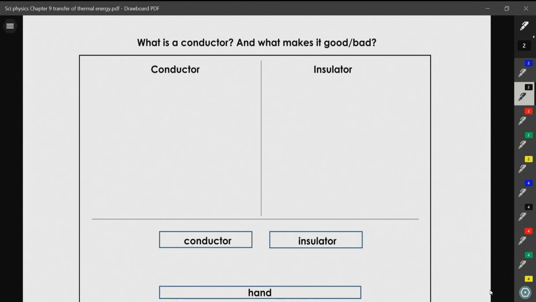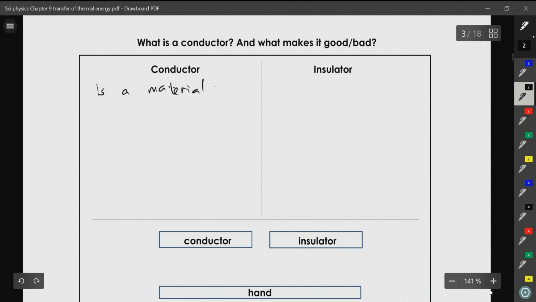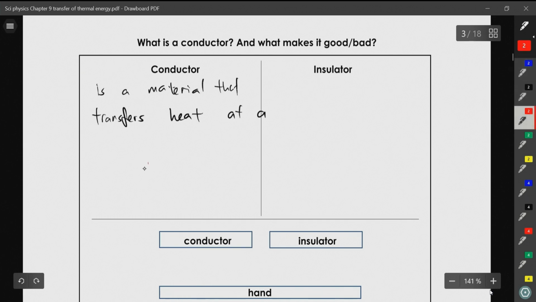Okay, so a conductor is a material that transfers heat at, for a conductor, a fast rate.